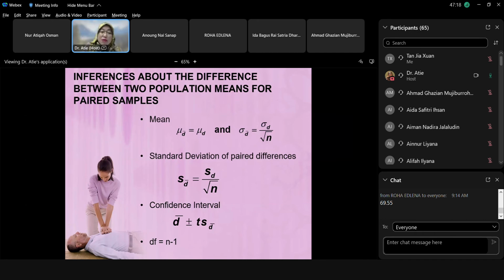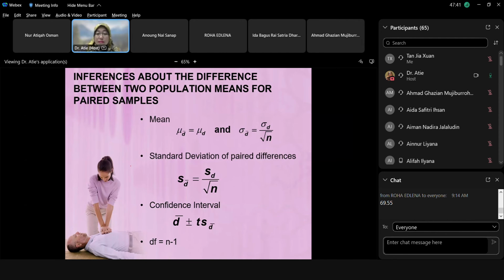So we say treatment one and treatment two. Maybe treatment one is before, treatment two is after, and then we need to add one more column in order to find the differences between the two treatments. When we do exercise 11, you will understand better what I'm trying to say.